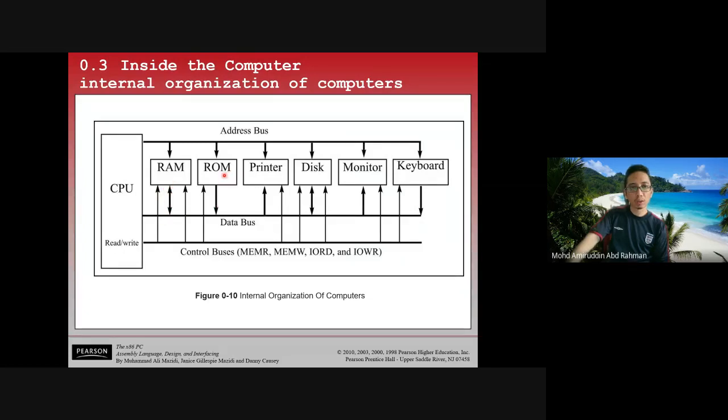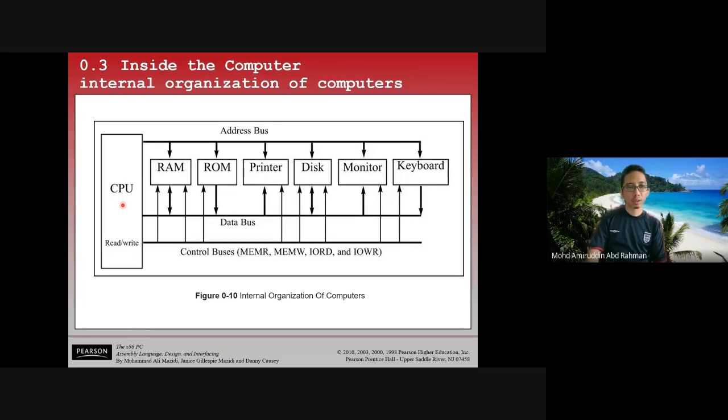And ROM is going out only to the CPU, because the ROM, as I said before, stores the information to instruct the CPU to do anything, either to start the computer, to run the operating system, and so on. So that's the function of ROM.